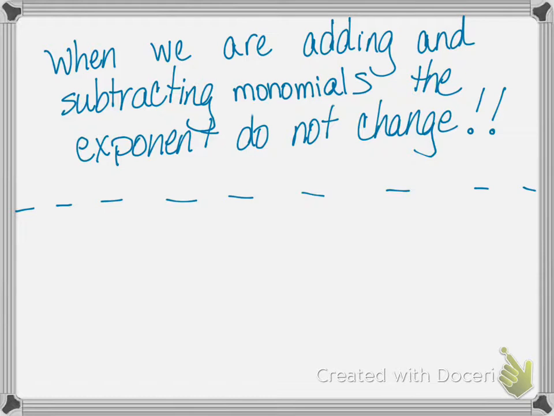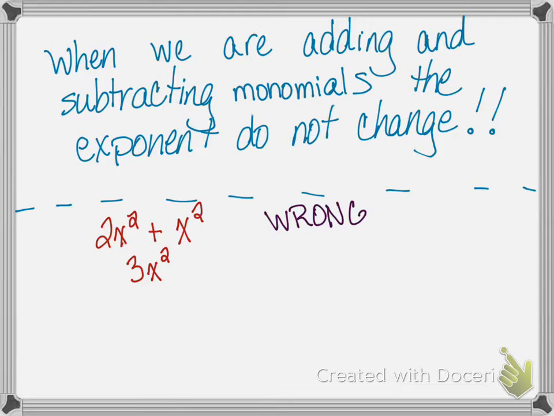So, if I have 2x squared plus x squared, the answer to this is 3x squared. The wrong answer to this is 3x to the fourth.